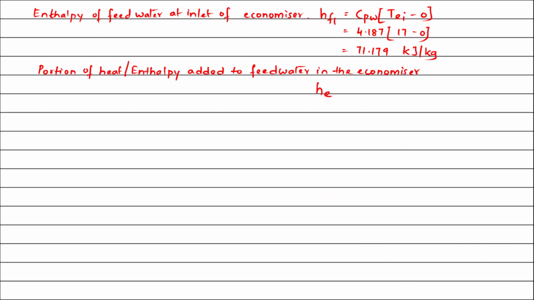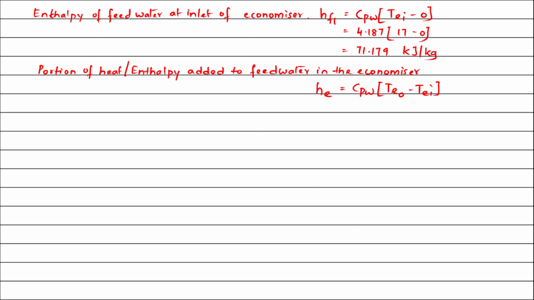E is the notation for economizer, H for specific enthalpy. So HE equal to CPW into TEO minus TEI, where CPW is the specific enthalpy of water.